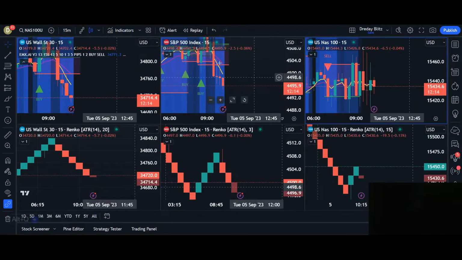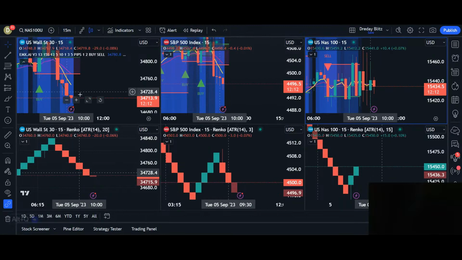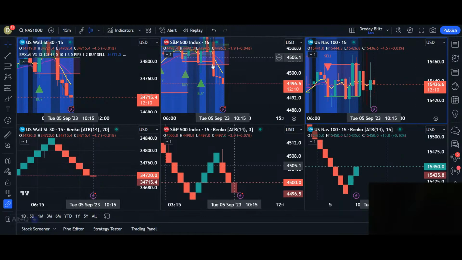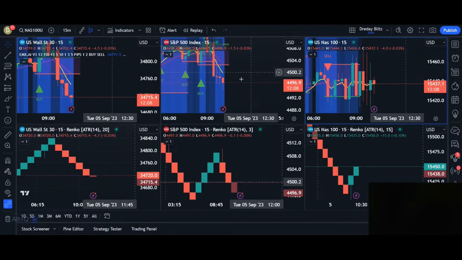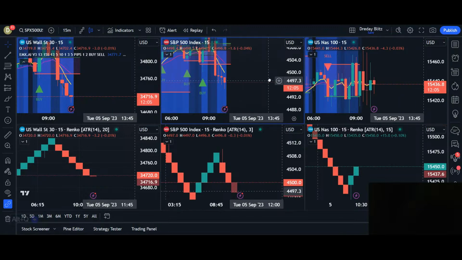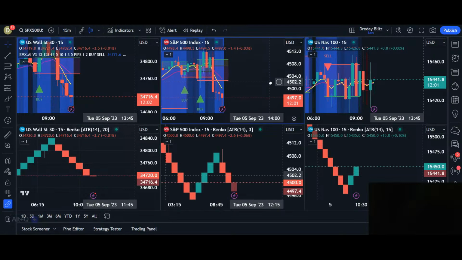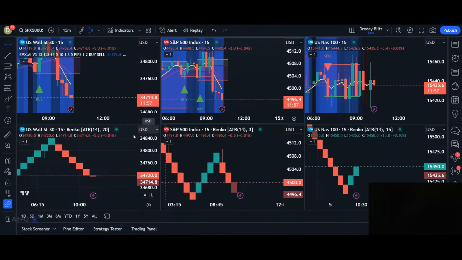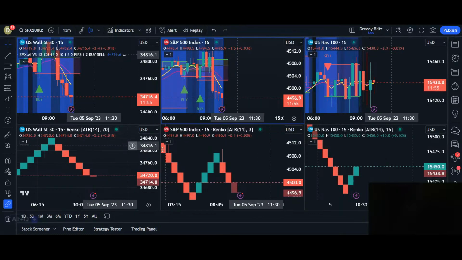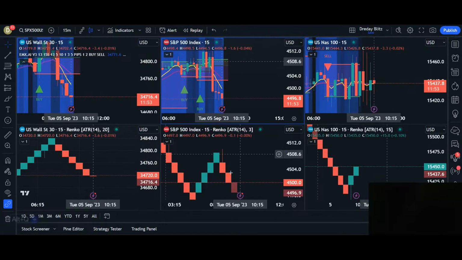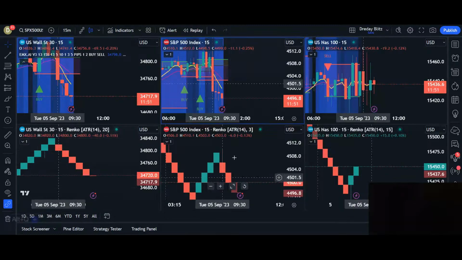But as you could see on US 30 and S&P 500, the color scheme in the back is brighter. So that means that we have more volume. So we should expect bigger movements here compared to NAS 100. And US 30 and S&P 500 right now is confirming to us that it's bearish.